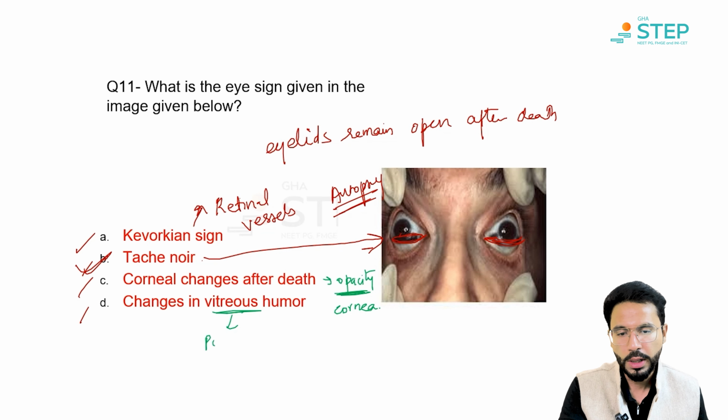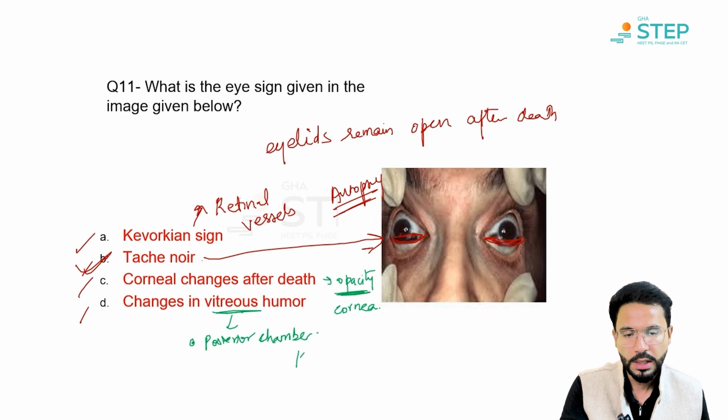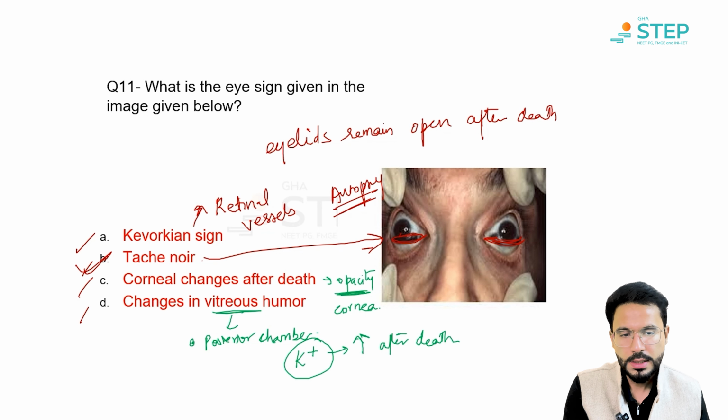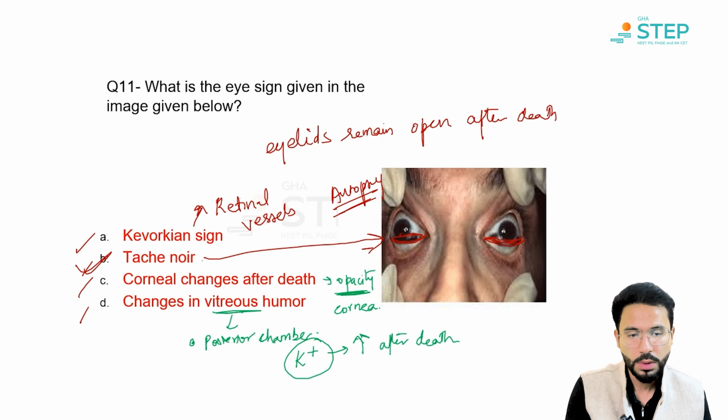You have to go into the posterior chamber, aspirate vitreous from there and then observe the levels of potassium inside it, which will increase after death. So remember that this sign is tache noire, which is only showing you some deposit on the sclera.